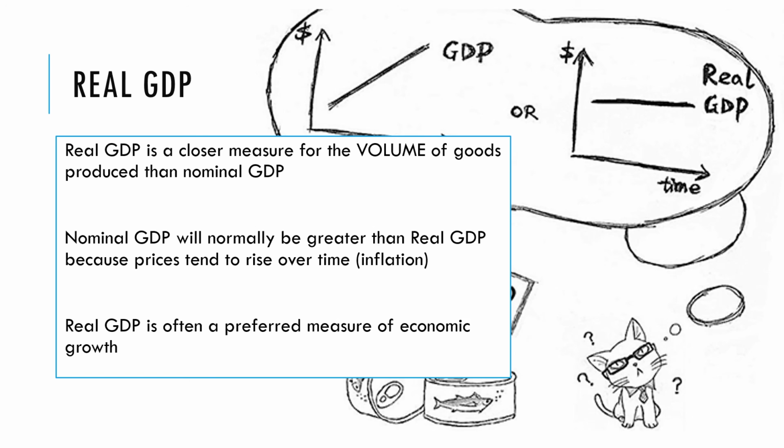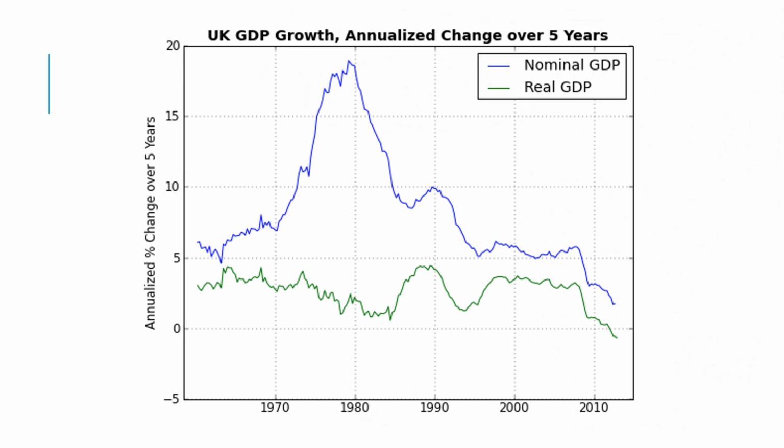And real GDP is often a preferred measure of economic growth because it shows us the performance of the economy without taking into account price rises. If you look at a comparison of the UK between real GDP growth and nominal GDP growth, you can see, generally speaking, real GDP growth has been lower than nominal growth because this one here doesn't include changes in price.